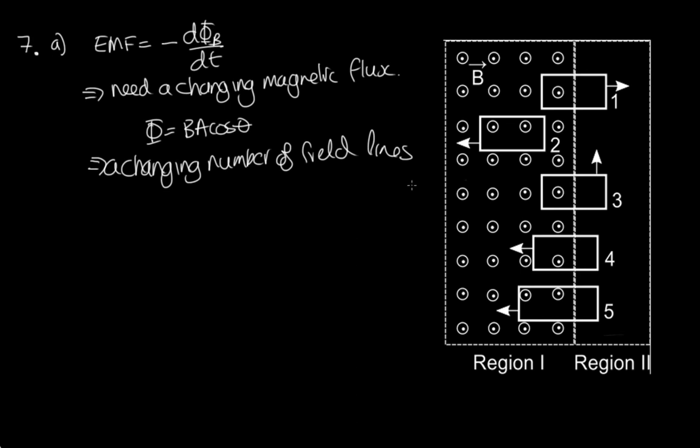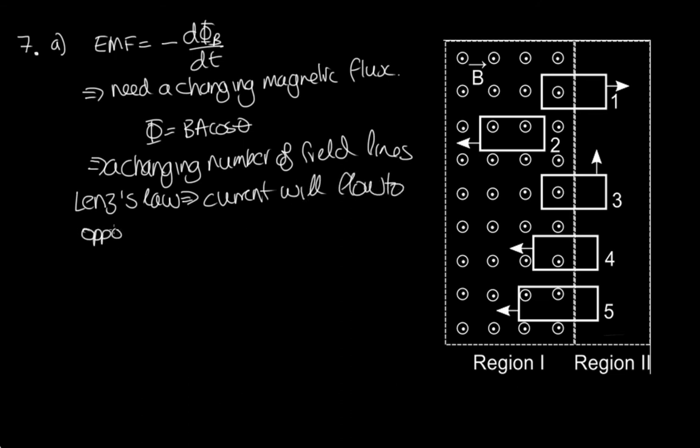So if we have a changing number of field lines passing through our loop, then we will have an induced EMF and we will have a current flowing. Okay, and from Lenz's law, this tells us that current will flow to oppose the change.